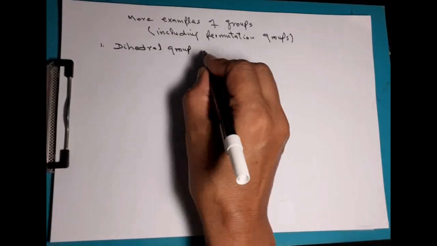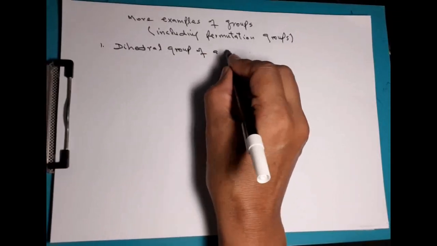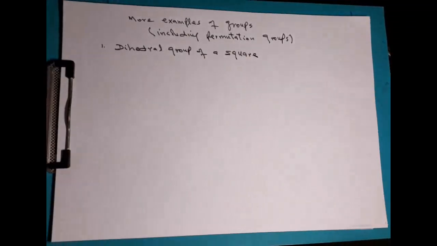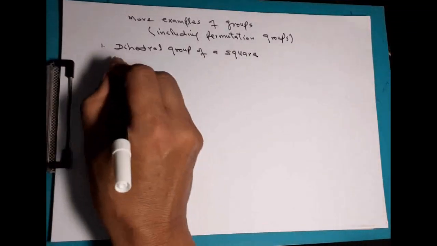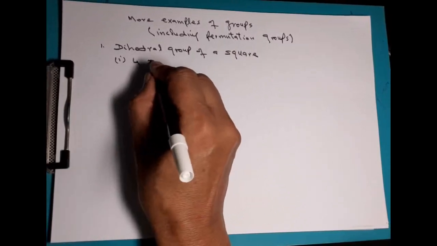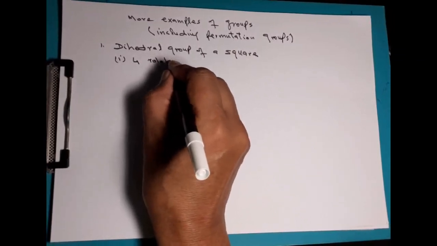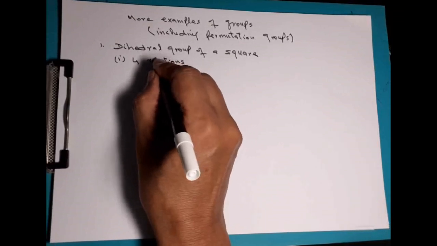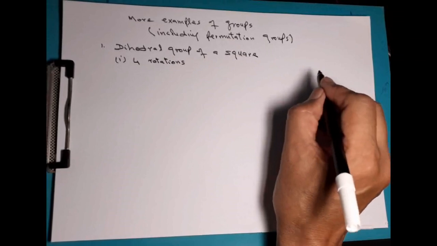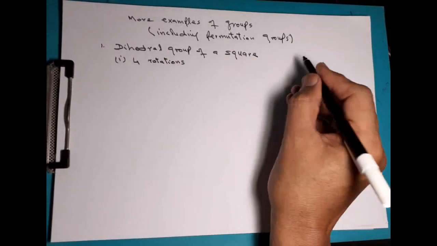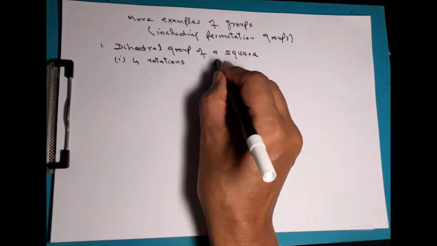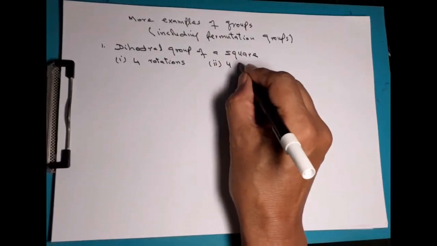Dihedral group of a square, which had 4 rotations, each rotation being through a 90-degree angle. So 4 rotations and 4 reflections.